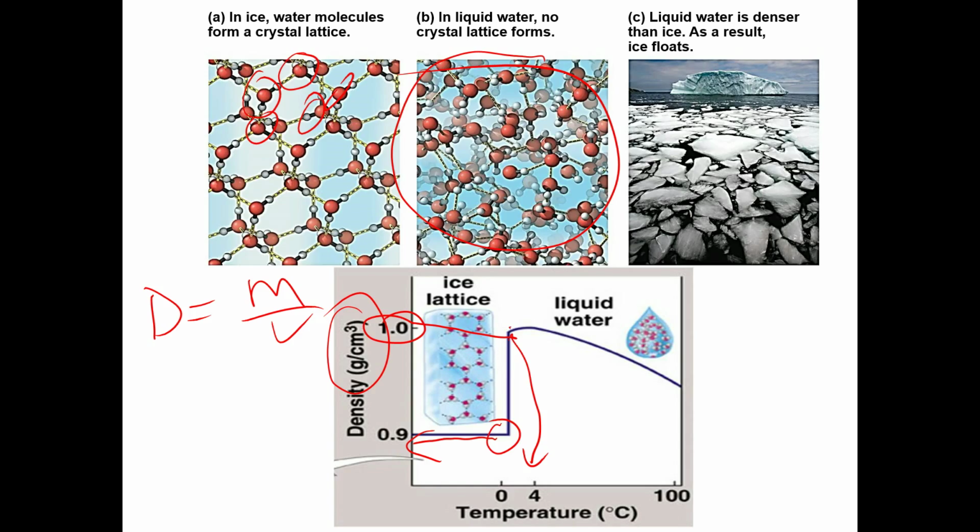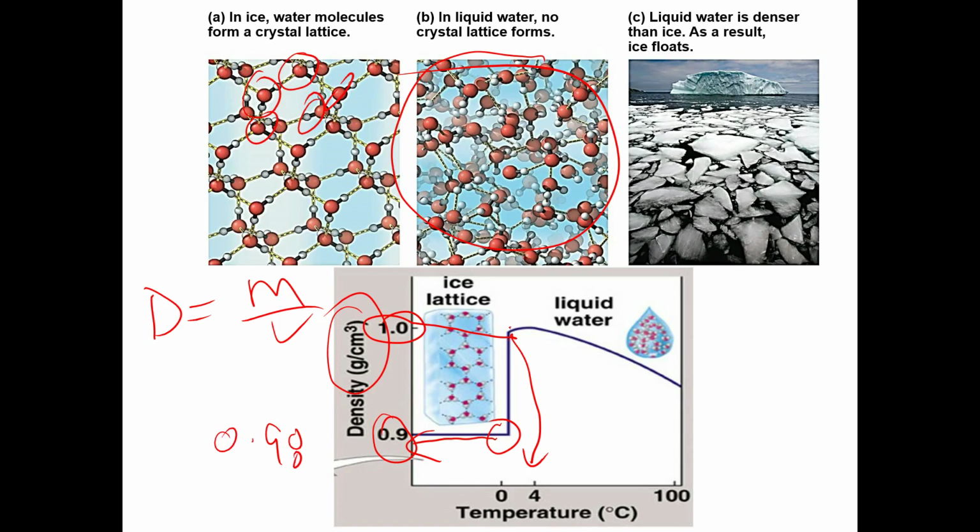And so you can use this point of comparison of the density of water to other objects to determine whether or not those objects will sink in a solution of water, or float on the surface. Notice here that ice has a density around 0.9, like 0.98 or something like that.